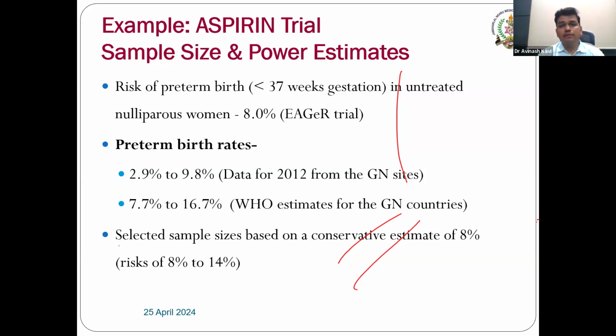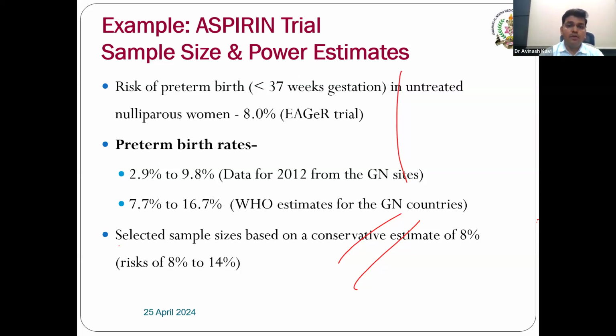The risk of preterm birth in untreated nulliparous women was 8% as per the previously conducted EAGER trial. That was what the literature review suggested. When we looked at the preterm birth rates, our own global network data showed that it is ranging between 2.9 to 9.8% across 3 continents and 8 countries where the global network maternal newborn health registry is currently functioning.